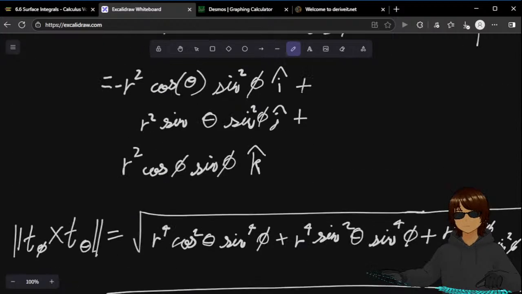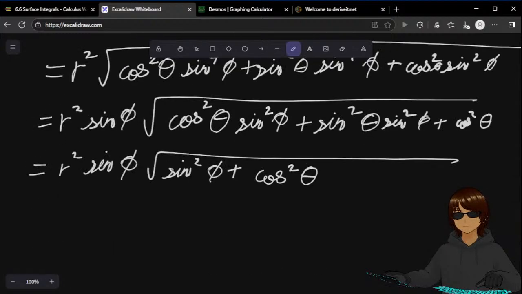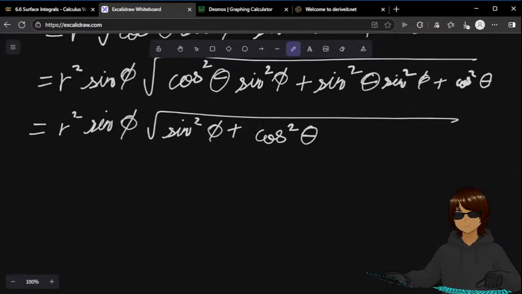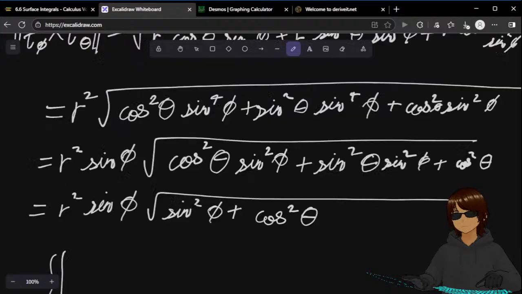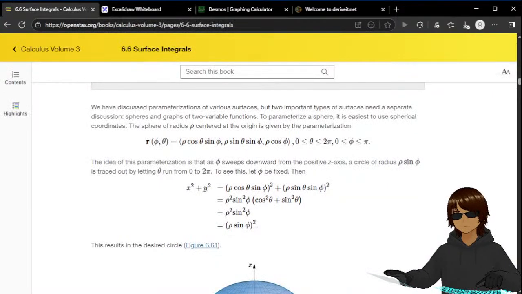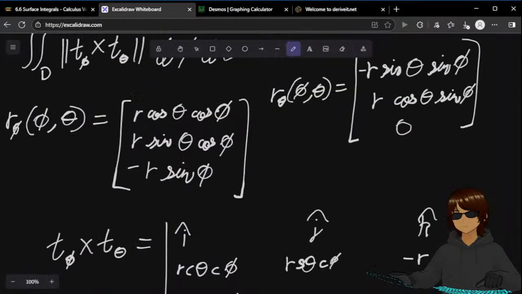Then we integrate this, 0 to 2 pi and then 0 to pi, right?